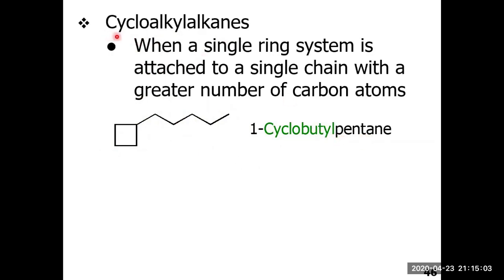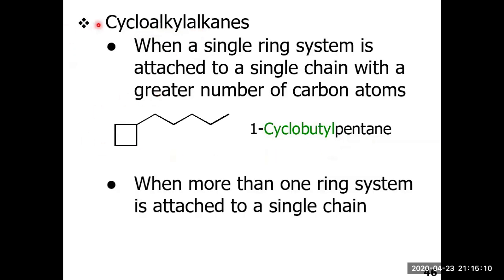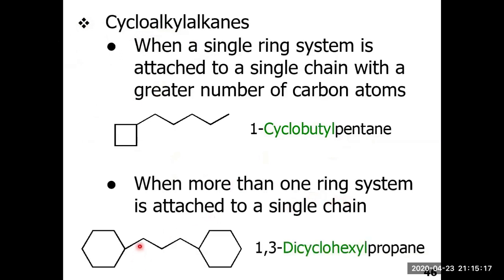Now, when is the cycloalkyl alkanes naming followed? Aside from this, this type of naming is also followed when we have more than one ring system attached to a single chain. So for example, you have here 1, 2, 3, that is your chain, and you should recognize that these are cyclohexane.